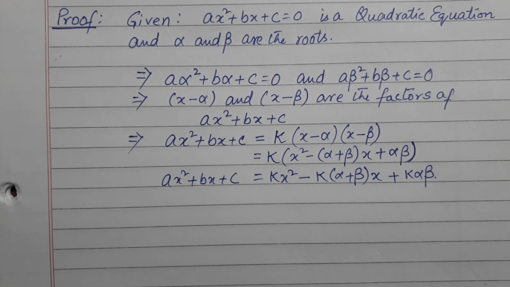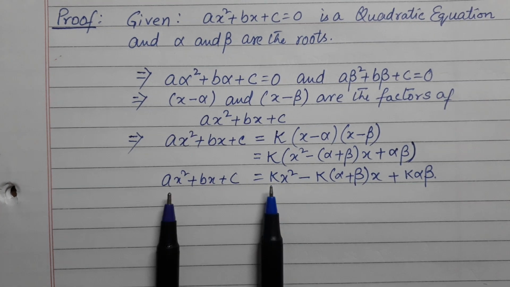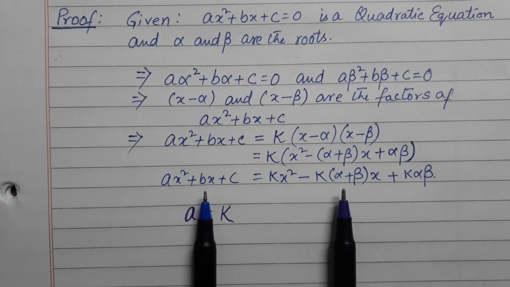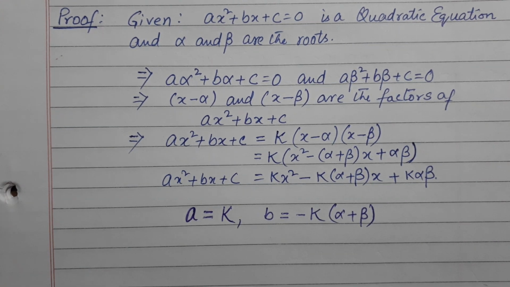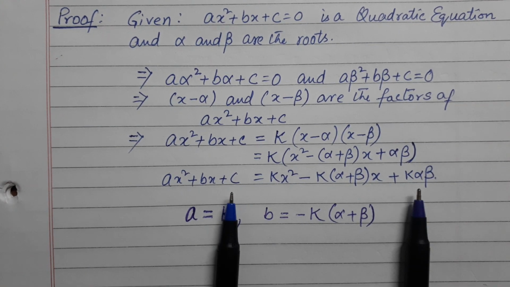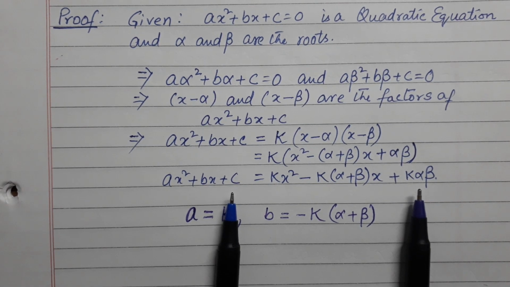Now we will compare the like terms of both the polynomials. So after comparing, we can write that a and k are alike. So therefore we can write a is equals to k. Then b will be equals to minus of k into alpha plus beta, and c will be equals to k into alpha beta.